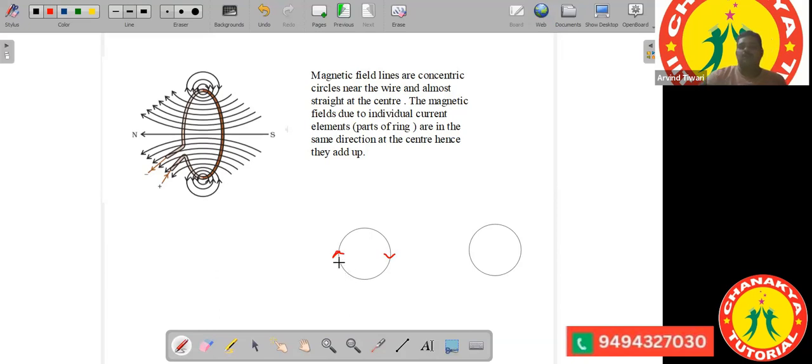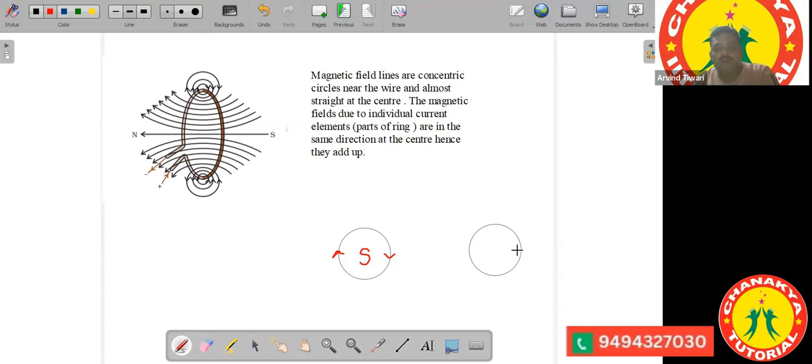If you curl your fingers like this in the direction of current, your thumb is pointing away from you. Your thumb is showing you the direction of magnetic field. The magnetic field is moving away from you, and hence the side towards you is the south pole of the circular ring.